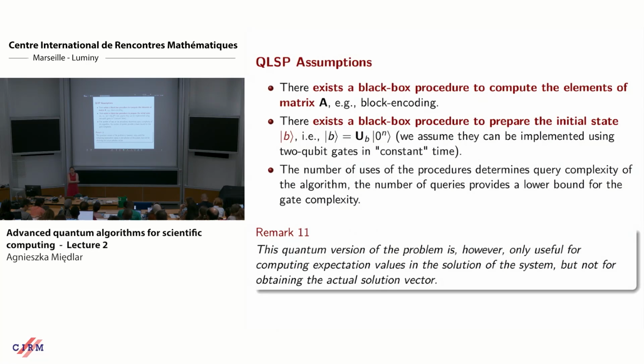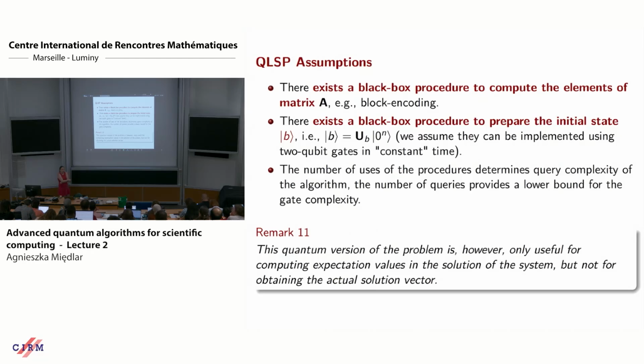So the number of uses of this procedure determines the query complexity. The number of times you will have to do the state preparation and access the entries of the matrix connects to the complexity of this algorithm, and it also provides a lower bound for the gate complexity. So there are some assumptions which we have to take into account.